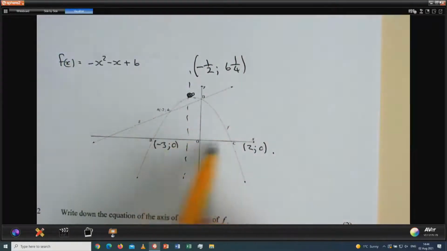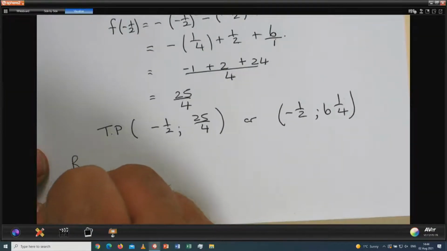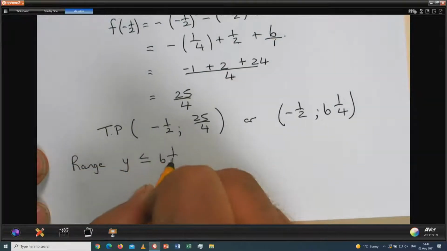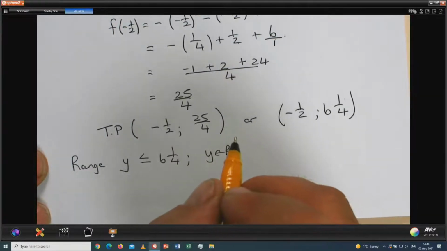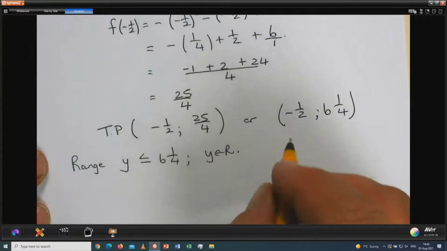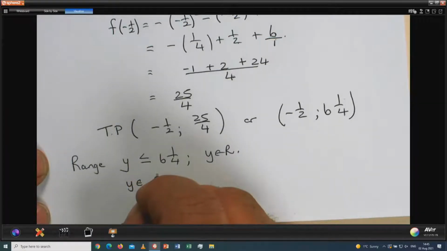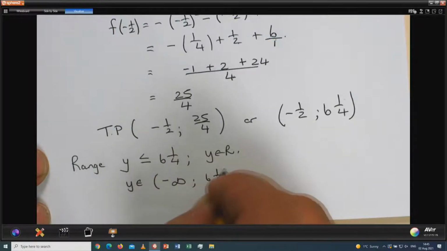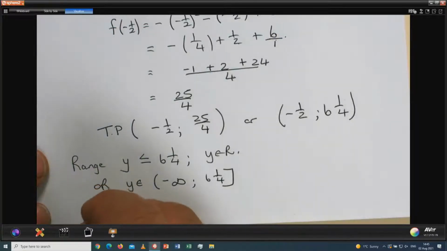All y values up to 6 1/4. So the range is y ≤ 6 1/4, y is an element of the real numbers, or y is an element of (-∞, 6 1/4]. The square bracket is because it includes 6 1/4, and negative infinity takes a round bracket.